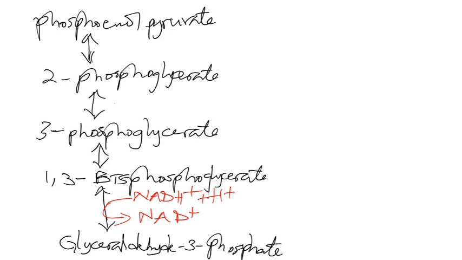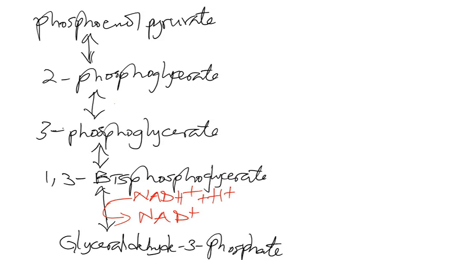On the other side, if you recall from glycolysis, we need dihydroxyacetone phosphate. So the dihydroxyacetone phosphate comes from glycerol.